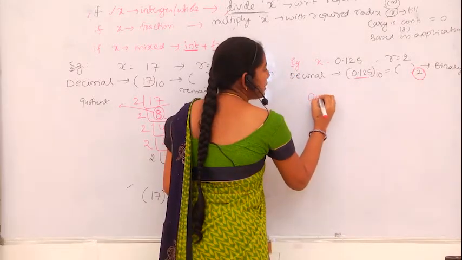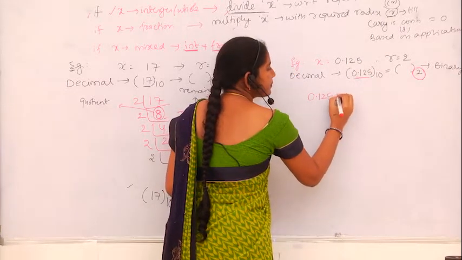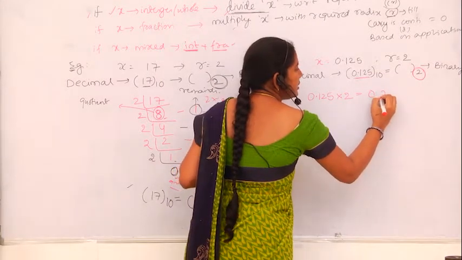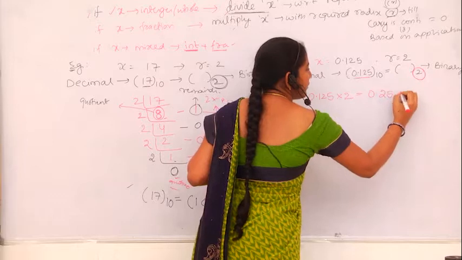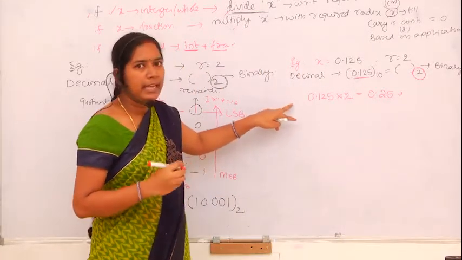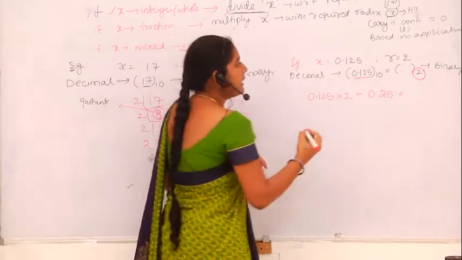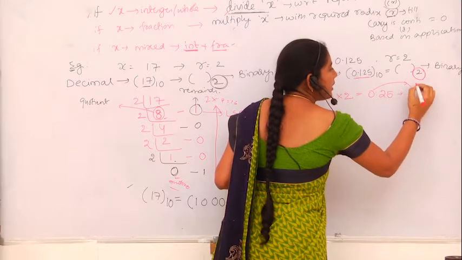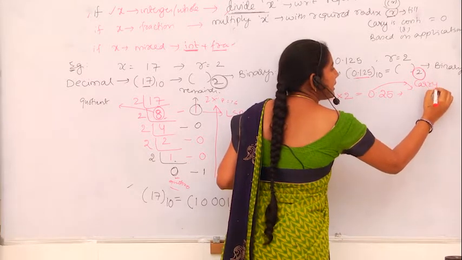So, 0.125 into 2 we get 0.25. After the first step is over, we take the integer part out, which is called the carry.